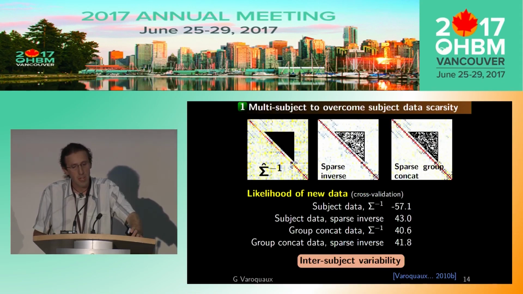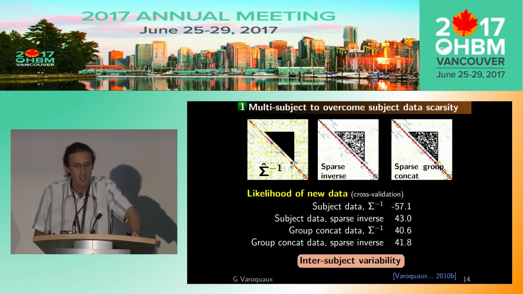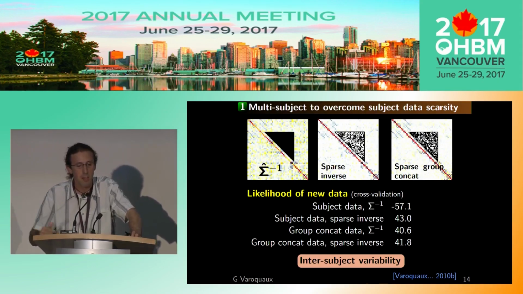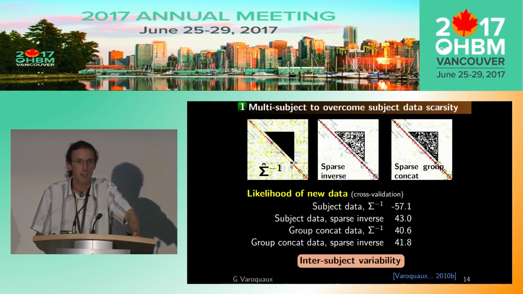So we tried to improve things by adding more data, by concatenating more subjects, because we have only a limited amount of data per subject. And then what you get is that it doesn't work better because you're hitting intersubject variability. So forgetting intersubject variability, concatenating everybody doesn't work better.